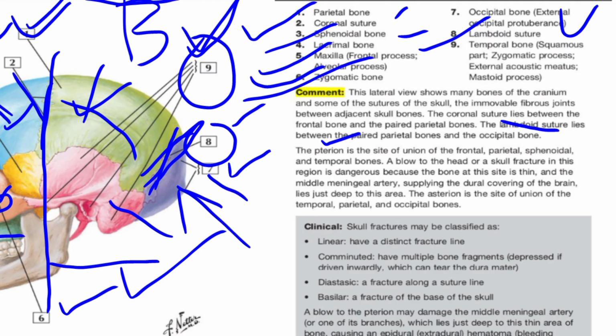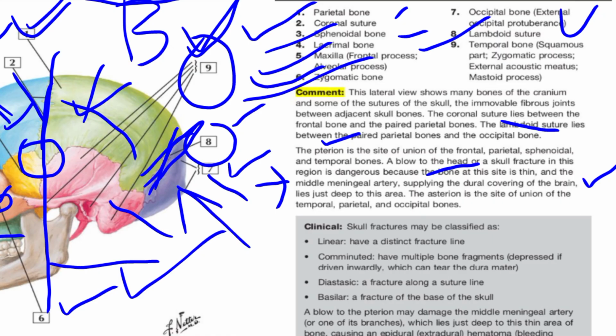The pterion is the site of union of the frontal, parietal, sphenoidal and temporal bones. Here is the area where the four bones meet, and it is the weak point. A blow or any damage to this area or a skull fracture in this region is dangerous because the bone at the site is weak and the middle meningeal artery supplies the dural covering of the brain.